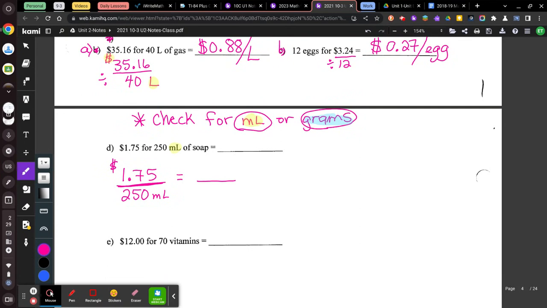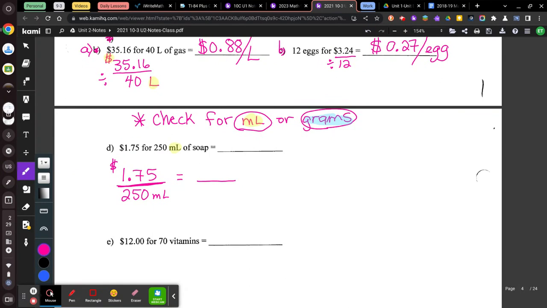So right now, we're dealing with liters. It's the same idea. So here, milliliters. Anything in grams or milliliters, we will always set it up as X over 100 of that unit. So in this question, we're using milliliters, or we're going to have X over 100 grams. It's going to be one or the other.